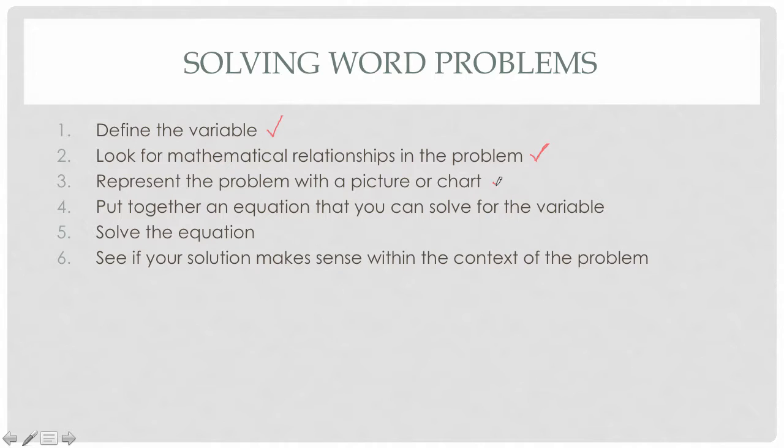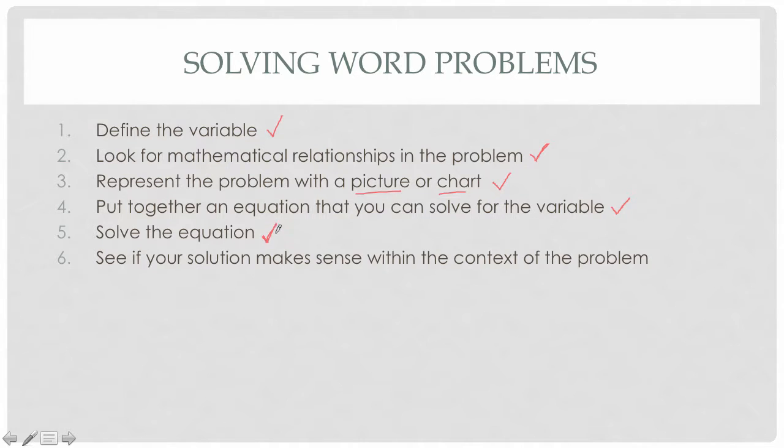You can also represent the problem with a picture or a chart. This helps me organize what I'm seeing or helps me make sense of what the context of the problem is. And then once you make sense of it, when you're starting to put together these relationships, you've got a sense of what's going on with the picture or chart, then you can actually put together an equation that makes sense. Once you have the equation, we've been working the last couple weeks on how to solve it.